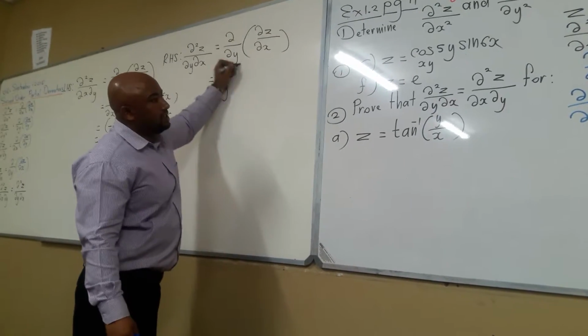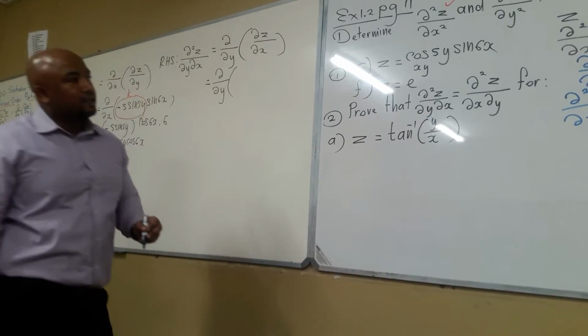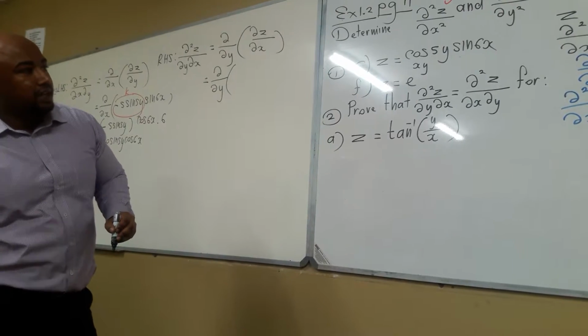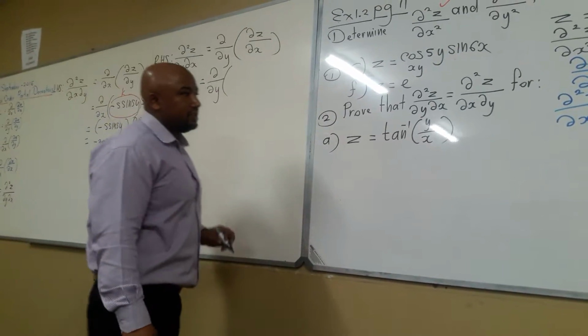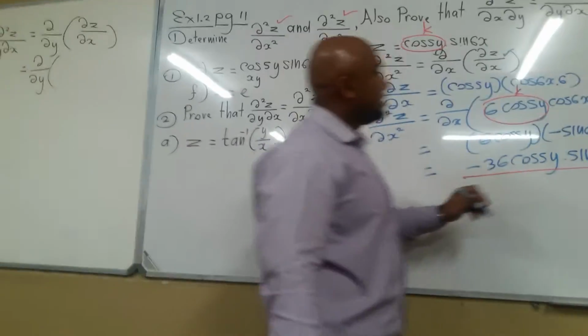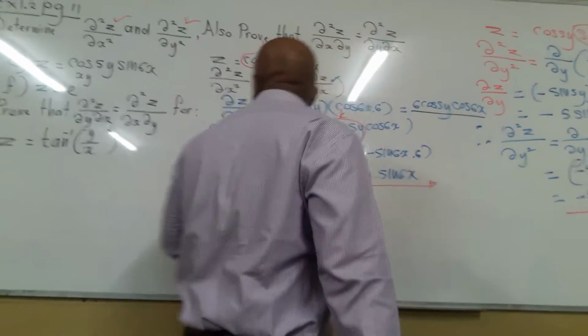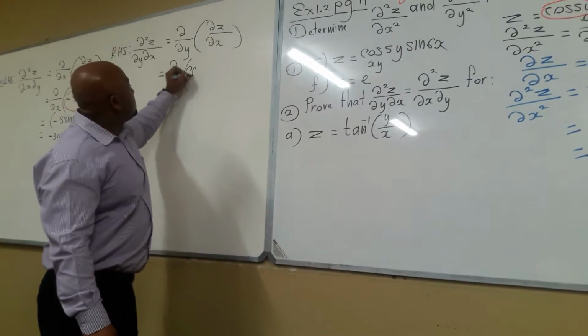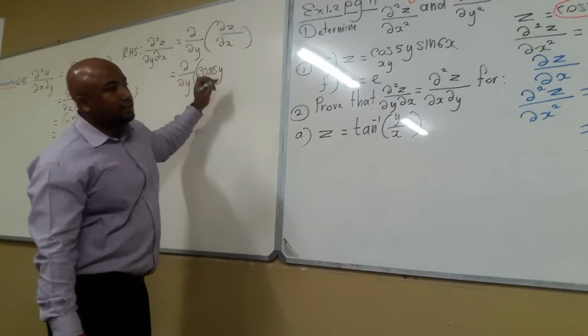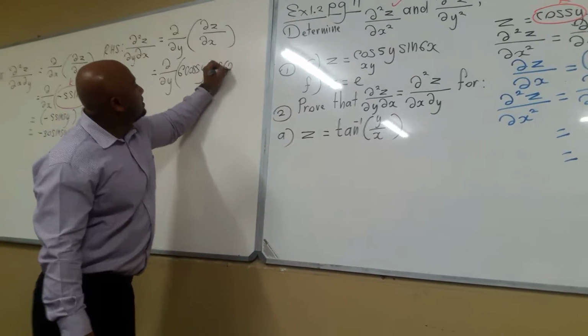Where is dz dx? dz dx is 6 cos 5y cos 6x. There it is here. dz dx. Alright, so that is 6 cos 5y cos 6x.